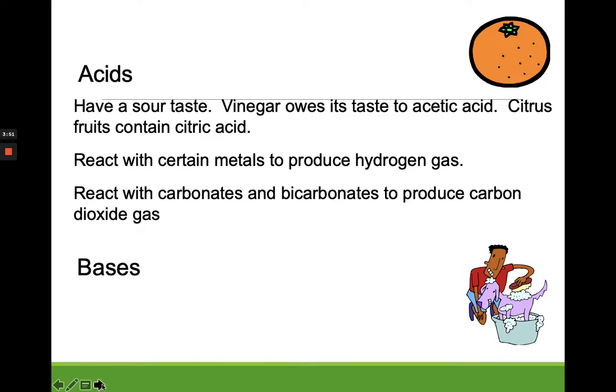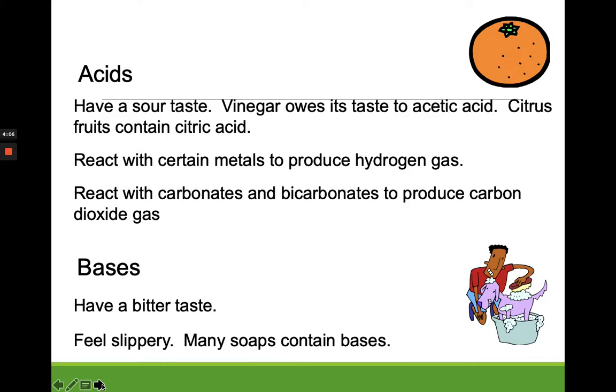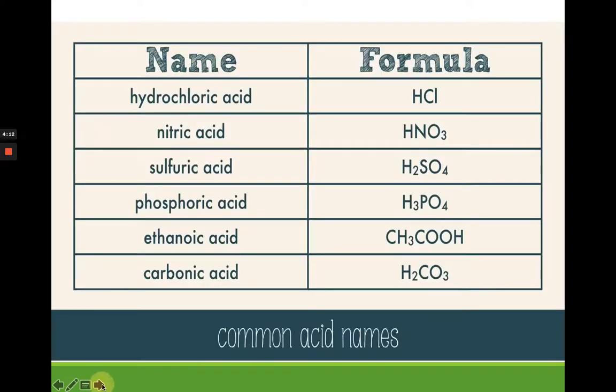While for bases, they have a bitter taste. So one example is common soap. If ever you have tried tasting soap by accident, and then they feel slippery to the touch, and many soaps contain bases, as has been mentioned.